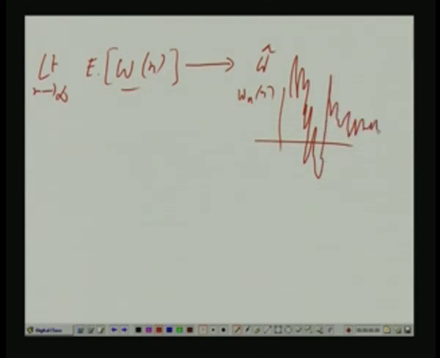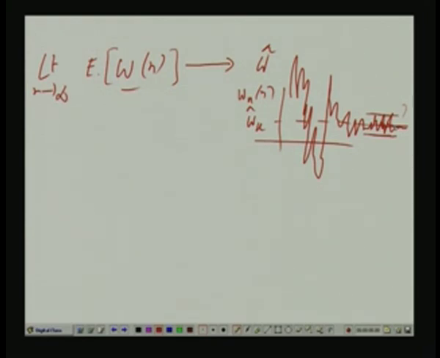Finally, it can go like this. This could be the DC value. Obviously, you should also see that the range of variation around the DC value should not be much. Actually, this is related to what is called misadjustment. If this range of fluctuation is more, we say there is more misadjustment and vice versa.